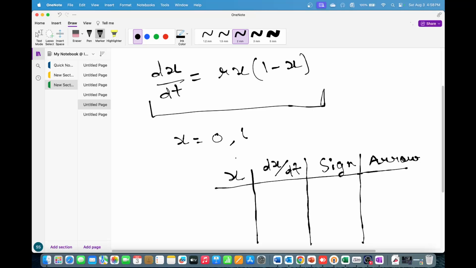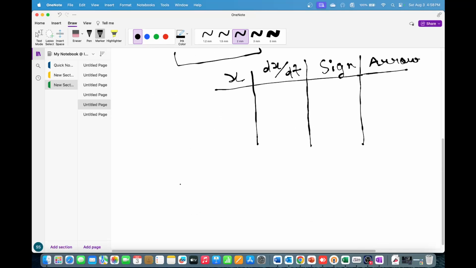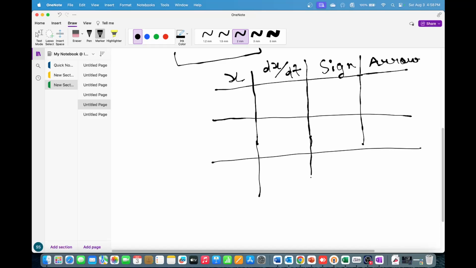Okay, so you know your steady states are at 0 and 1. Now let's take three values. So as I was saying, to check if your steady state is stable or unstable, you need to check around the value of your steady state.